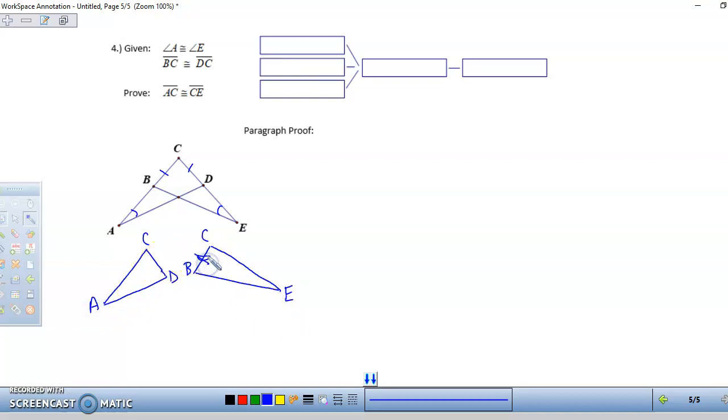So BC is congruent to CD. Angle A is congruent to angle E. Now, this is an interesting picture because the third thing you can mark in this picture is that they share angle C. So I know that angle C is congruent to angle C. And again, that's because it's a shared angle.